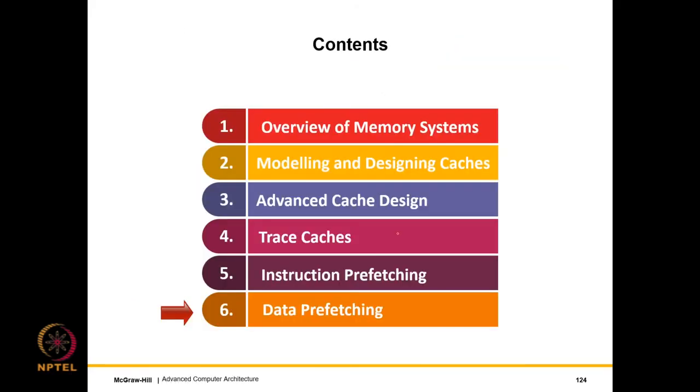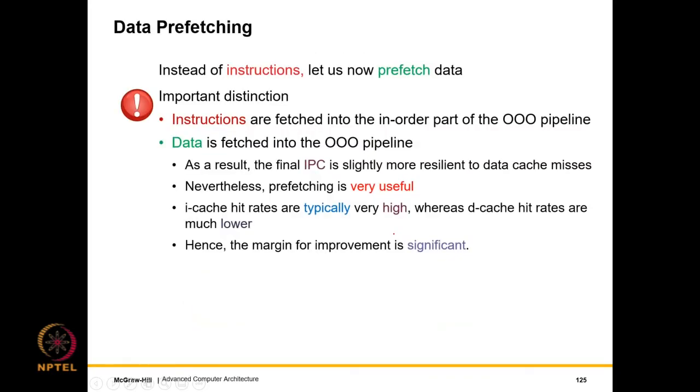Let us now discuss data prefetching. So instead of instructions, the idea now is to prefetch data. The important distinction that is being made over here is that instructions are fetched into the in-order part of the out-of-order pipeline.